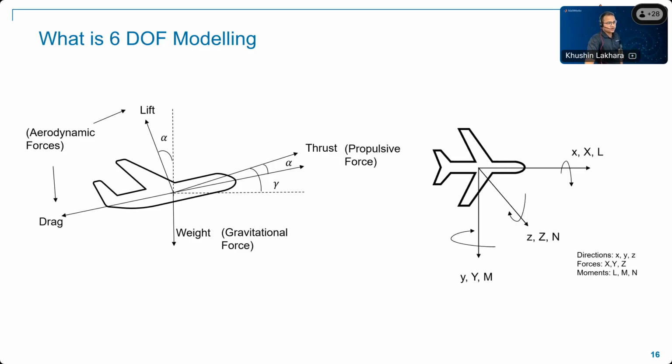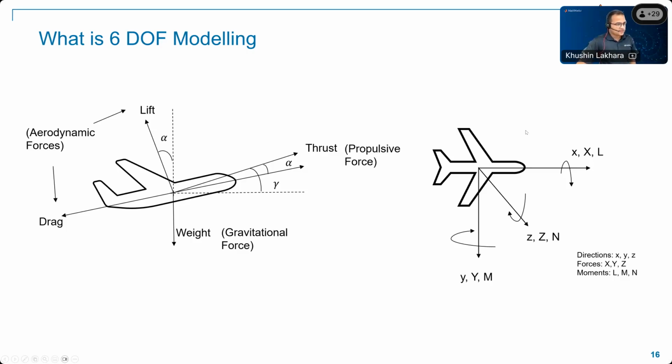So the idea is to understand this. Instead of treating these forces separately, we bring them together in a body fixed frame, where small x, small y, small z are the body fixed frame directions, capital X, capital Y, and capital Z are your forces, and L, M, and N are your moments about the axes.